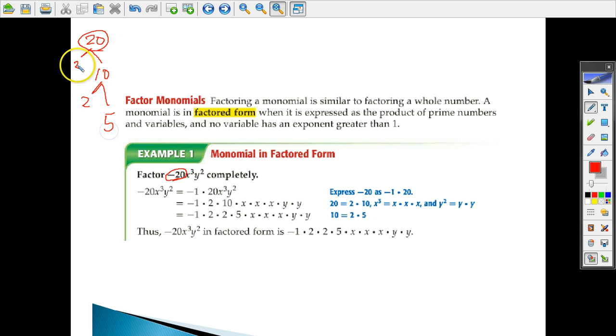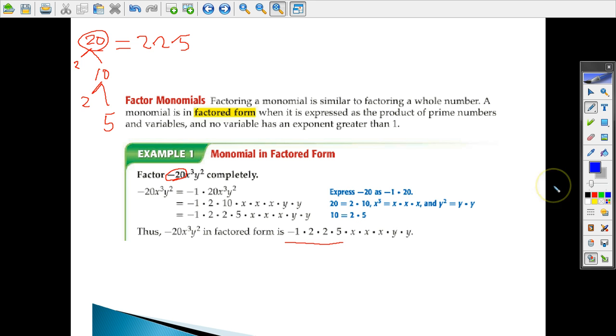And these are all prime numbers, 2, 2, 5. So 20 is factored into 2 times 2 times 5. Okay. And that's exactly what we're doing. We're just factoring the number first. You have 2 times 2 times 5. But because it's negative, you add a negative 1. Okay, so then we're done with the numbers.